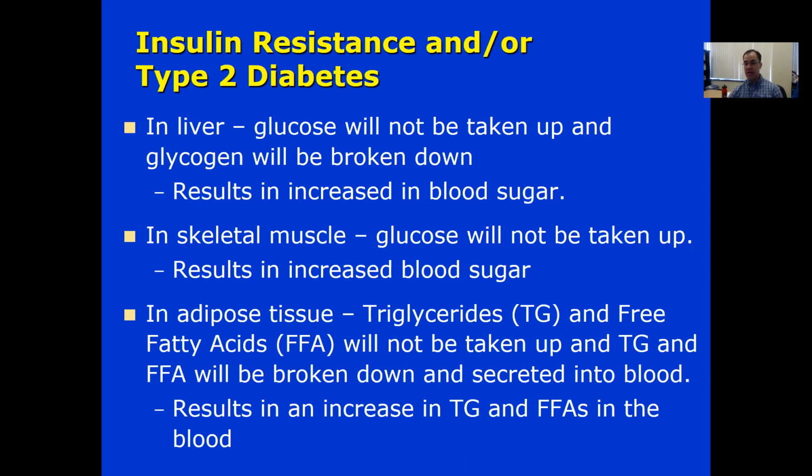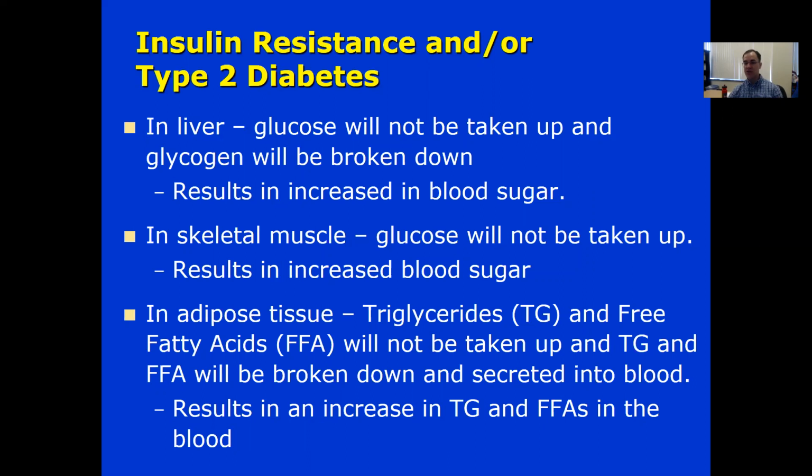So in other words, the adipose tissue no longer takes up triglycerides and fatty acids, and at the same time it continues to break down triglycerides and fatty acids and secrete them into the blood. The result is an increase in triglycerides and fatty acids in the blood. And that is going to be a hallmark of a lot of the comorbidities and problems associated with insulin resistance and type 2 diabetes that we're going to get to in lesson number 5.